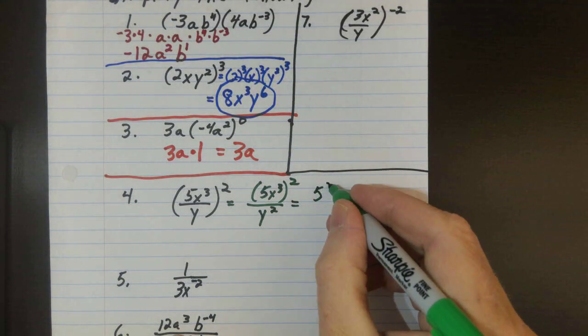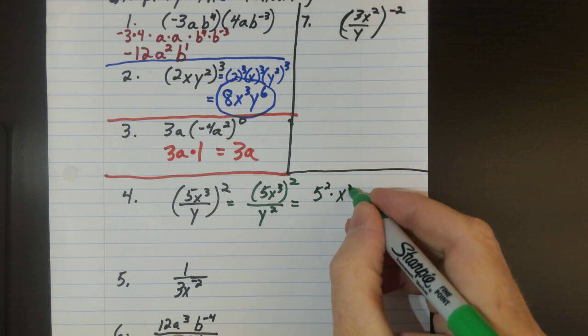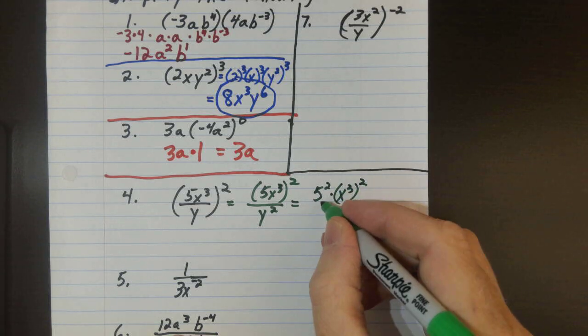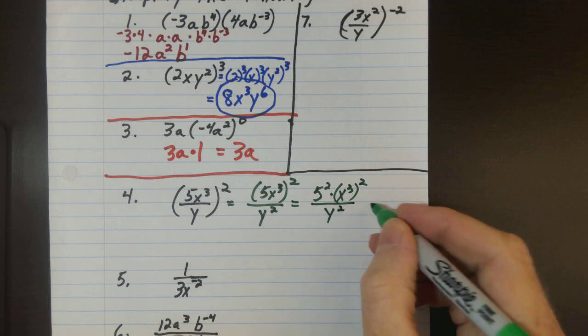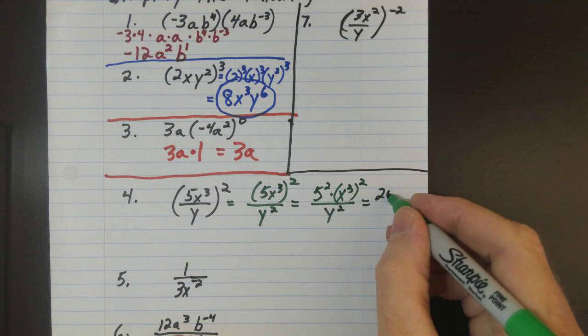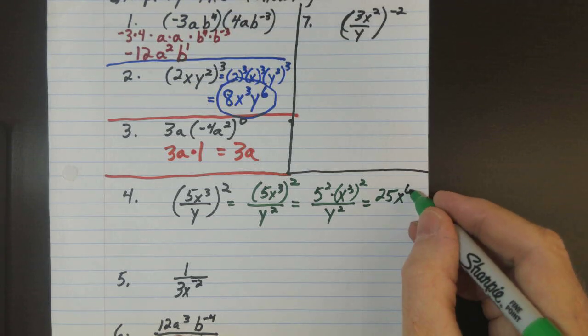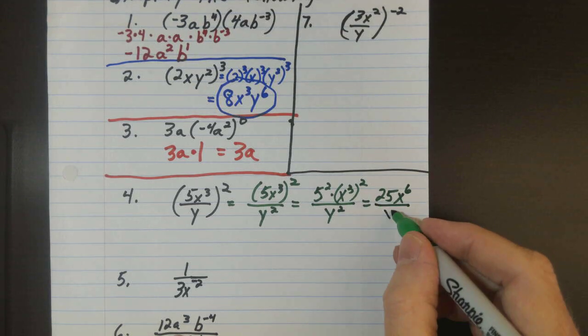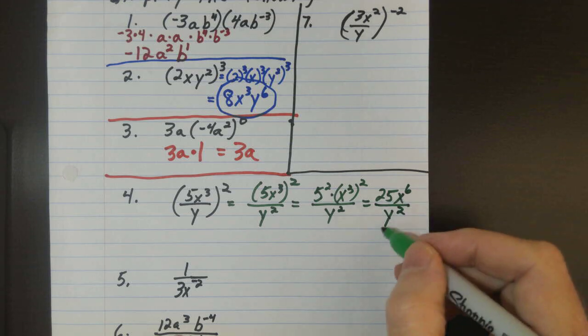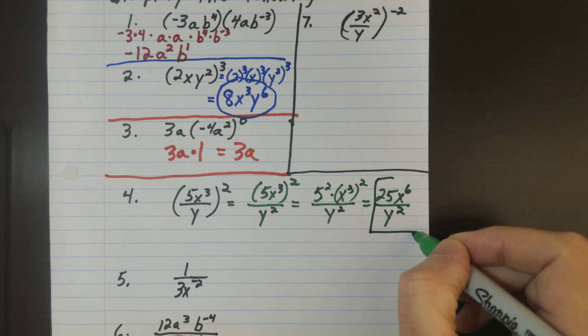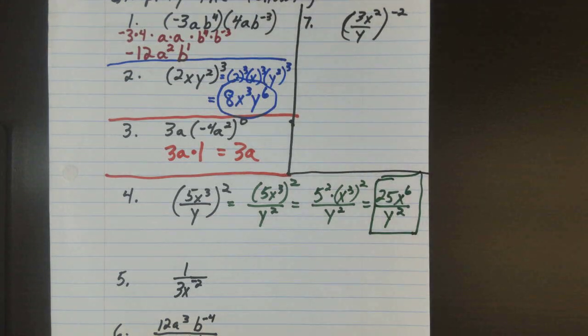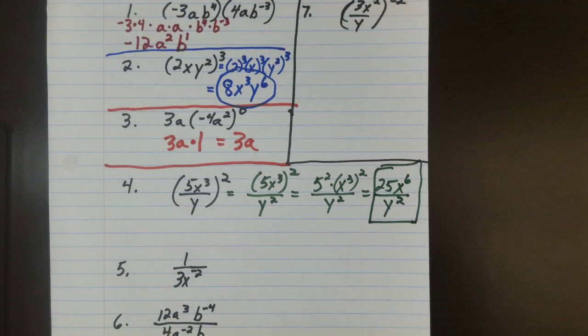I've got 5 to the second power times x cubed to the second power, and that's over y to the second power. 5 to the second power is 25. X cubed to the second power is x to the 6th. Need to multiply, and then I got y squared. Can't simplify that anymore because those are not the same variables. So there's that.